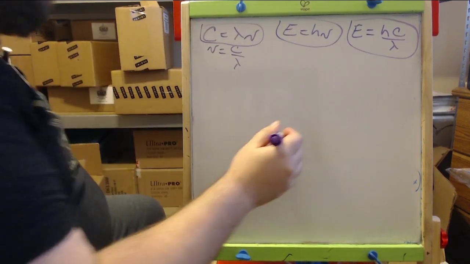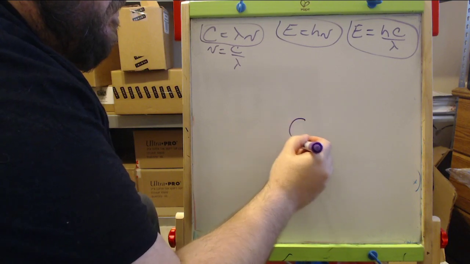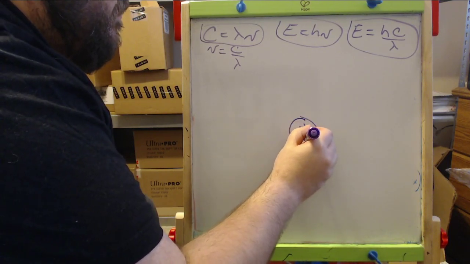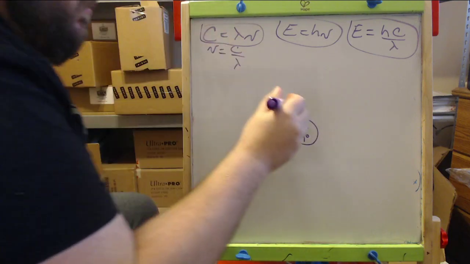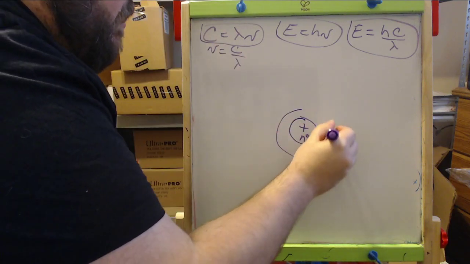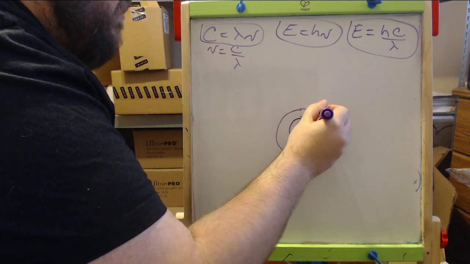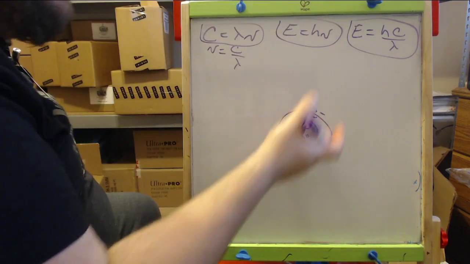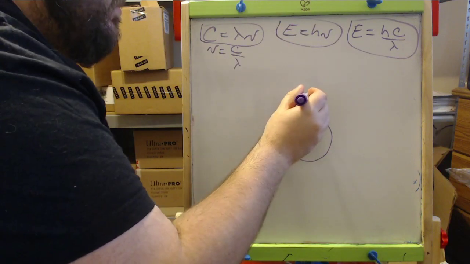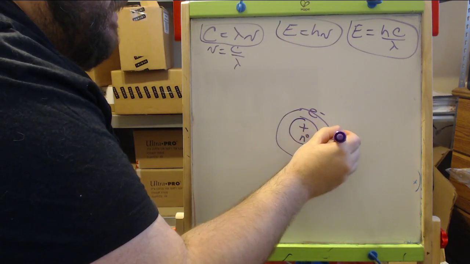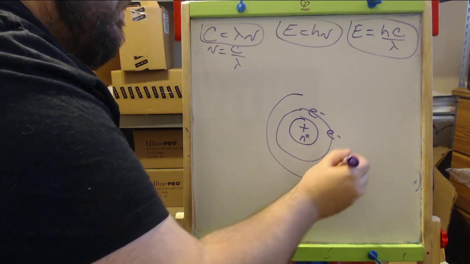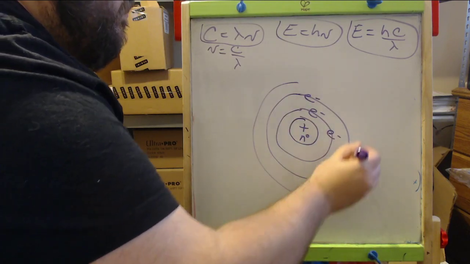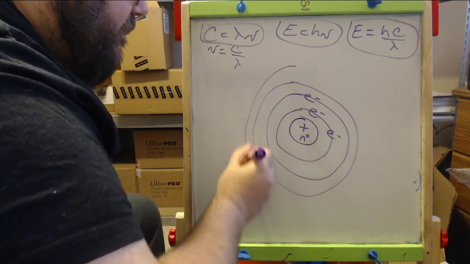So here's what Bohr basically said. Here's our nucleus, and this is all while Rutherford is disproving the plum pudding model, finding that the electrons are outside, that we have a nucleus. All right, and he's saying that we have a level here, and then we add another level, and another level, and another level.